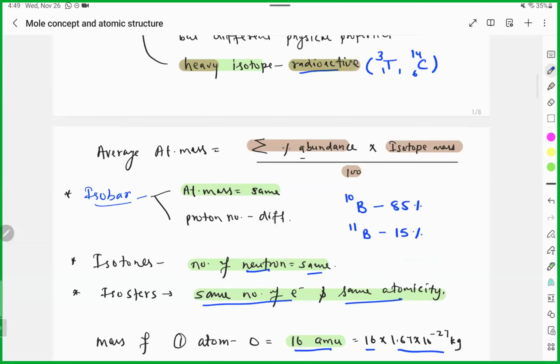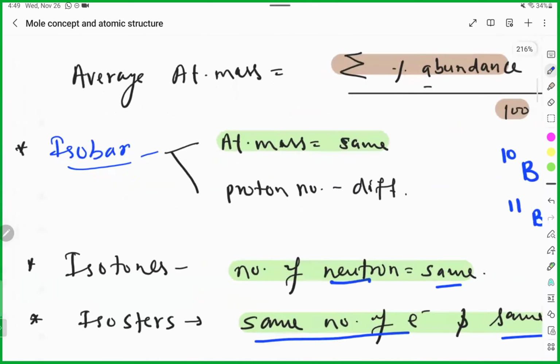Then how to calculate? You take abundance 85 multiplied by 10 plus 11 multiplied by 15, divided by 100. Understood? I'm just taking random numbers. This is how you calculate average atomic mass.